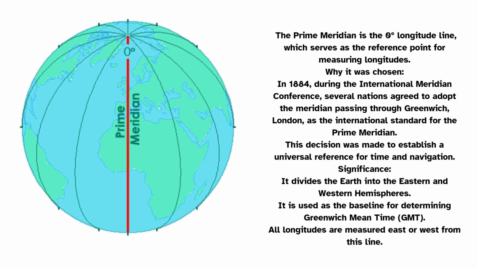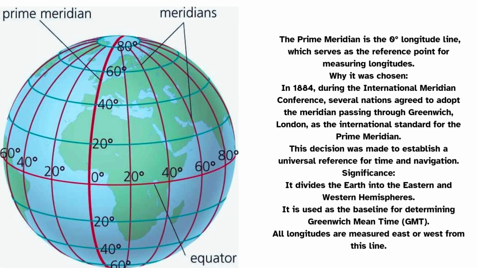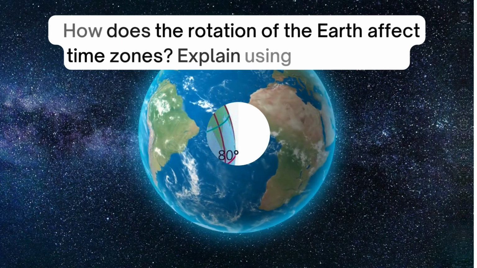See, in 1884, during the International Meridian Conference, several nations agreed to adopt the meridian passing through Greenwich, London as the international standard for the prime meridian. This decision was made to establish a universal reference for time and navigation. It divides Earth into the eastern and western hemisphere, and it is used as the baseline for determining GMT, or we can say Greenwich Mean Time.